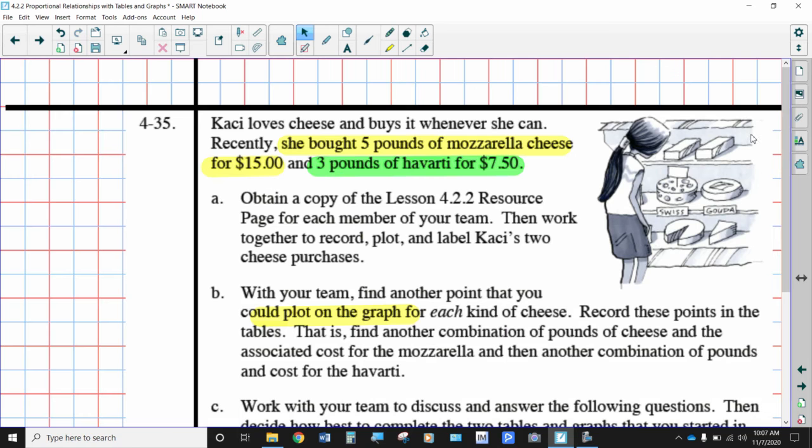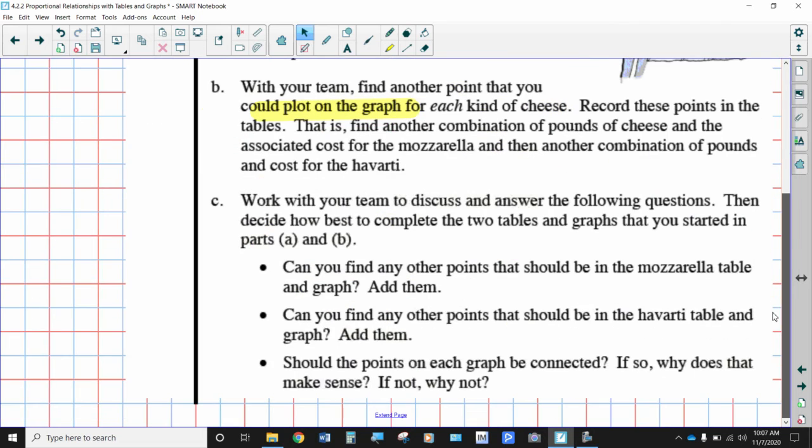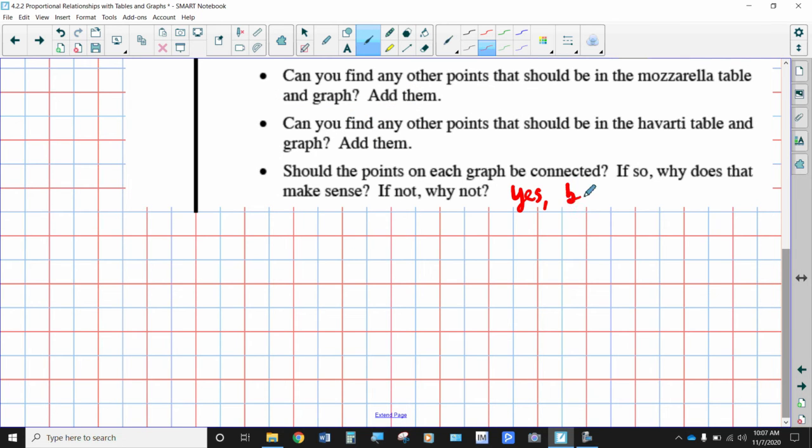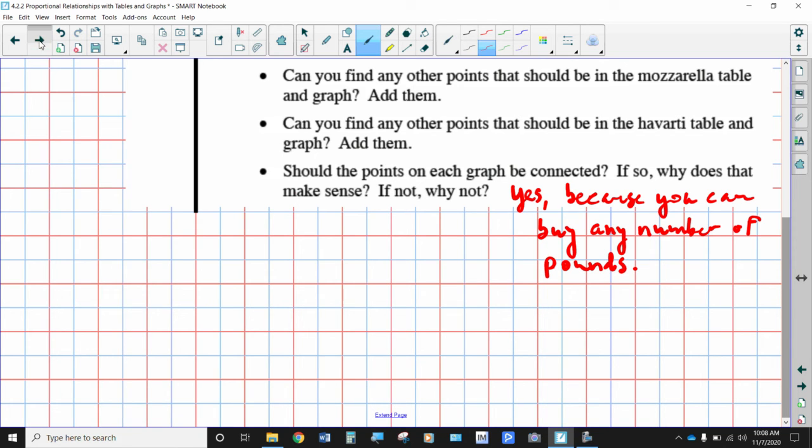So for this particular answer, should the points be connected? And the answer is yes, because you can buy any number of pounds. Okay, so there we go.